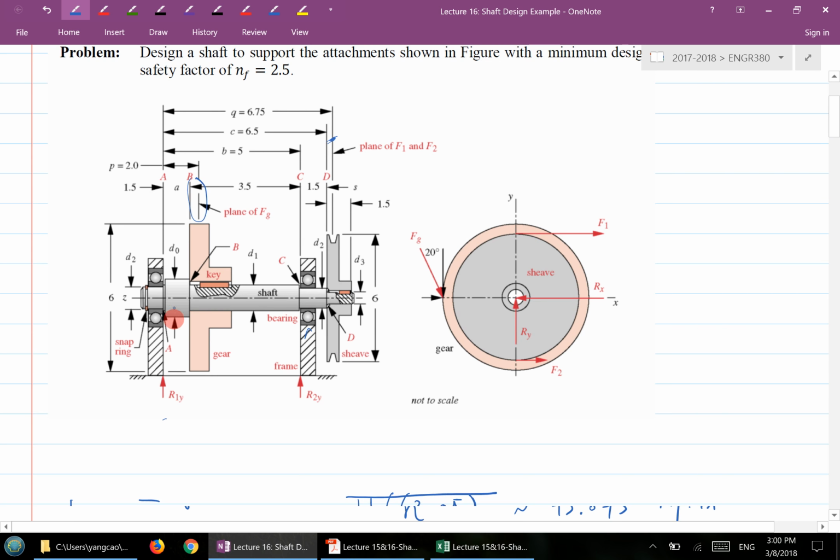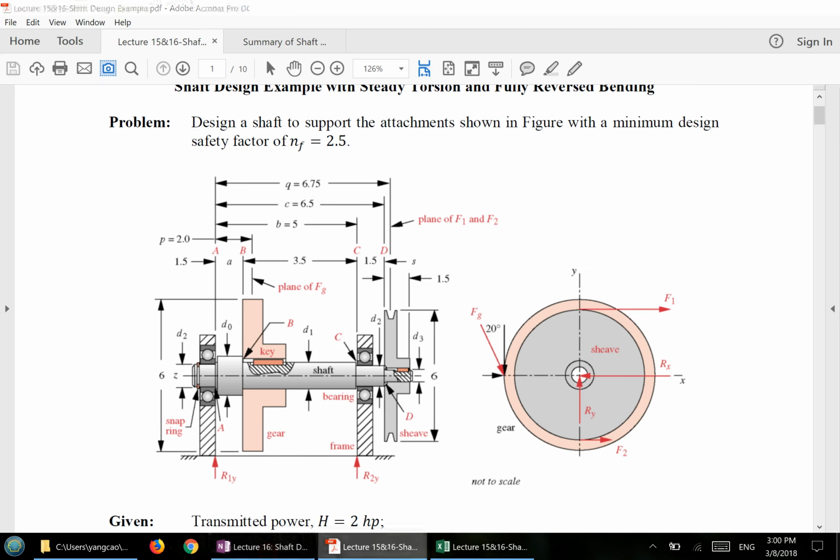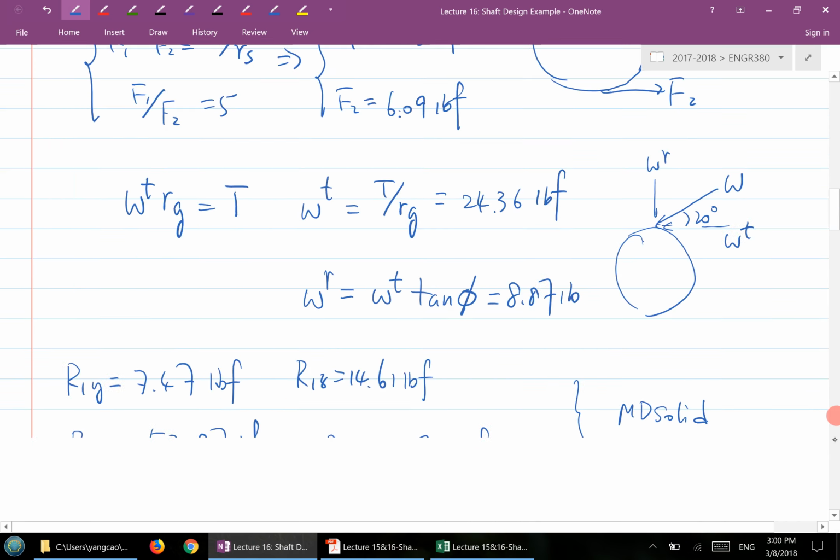You go to a shop to buy a piece of raw material, and the diameter of the shaft you buy is the D naught. You tell him you want this length of shaft, then you go back and machine the shaft to give you this layout. So D naught is essentially the original size of the shaft.